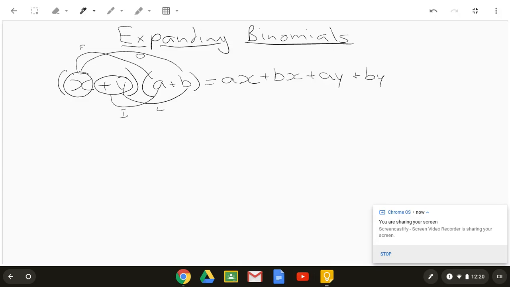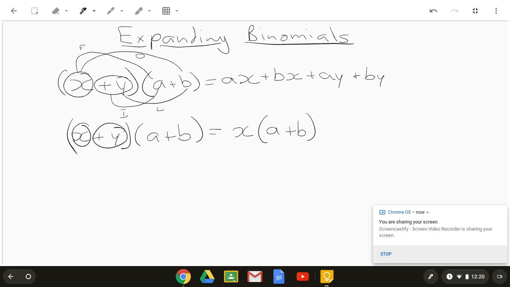The other way that people like to do this is if I start with the same equation, I'm going to take the first term and multiply it by the second brackets, x times a plus b, and then I'm going to take the next one, plus y, and multiply it by the second brackets.